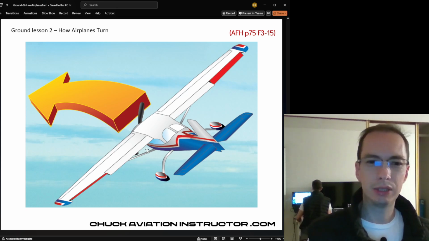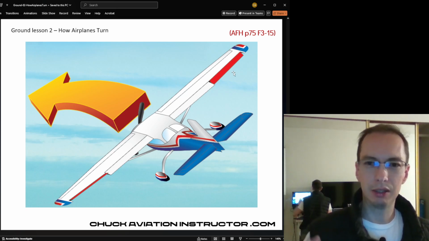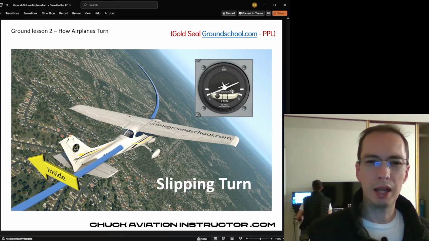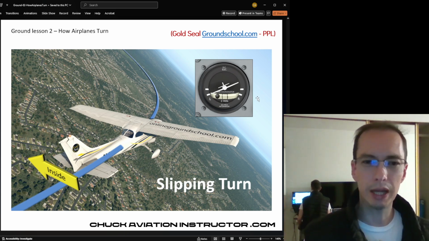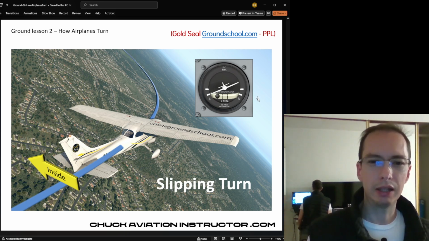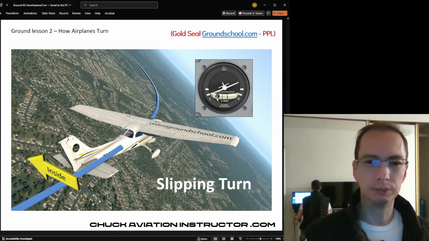Rolling in, you tend to slip because the outside aileron has been lowered, and that causes adverse yaw. Your nose tends to go to the right when you're turning left, and that would be a slip. You compensate with left rudder. You step on the ball.